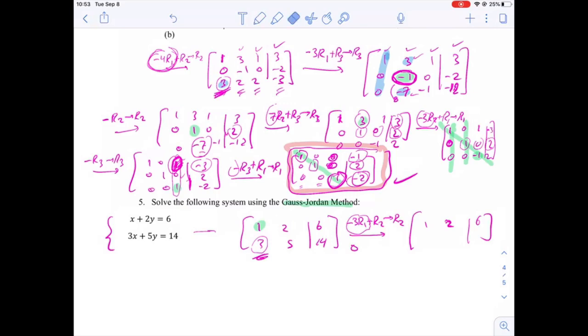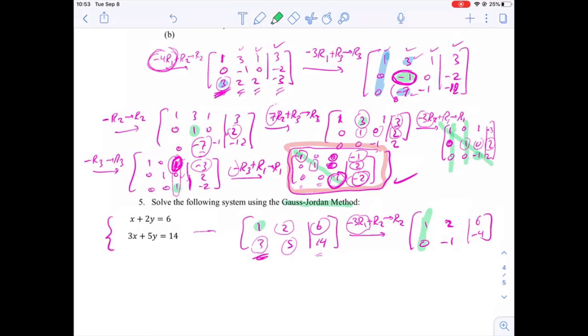So we write it here. Now -3 times 2, -6 plus 5, -1. Now -3 times 6, we multiply each entry of the first row. So that's -18 plus 14, that's -4. Okay, so the first column is a unit column.